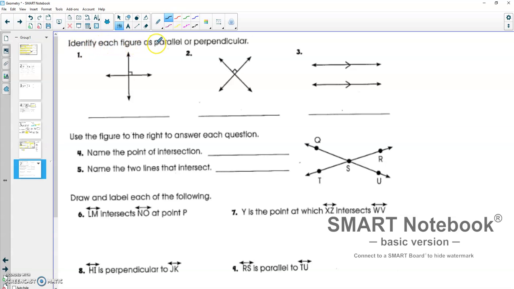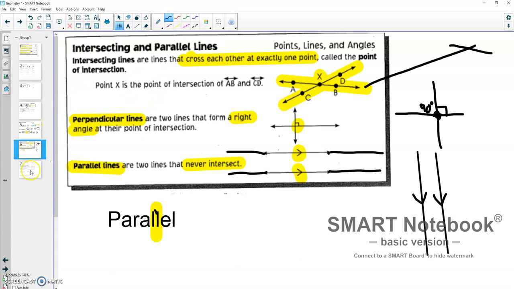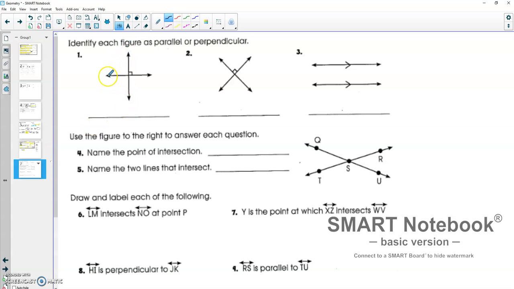Identify each figure as parallel or perpendicular. I'm not going to tell you. I want you to look back. What is going on here? And is there something, a little shape, that tells us it's either parallel or perpendicular? Go to the next one. And then next, okay?